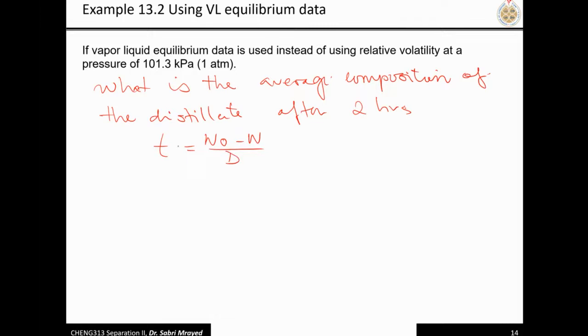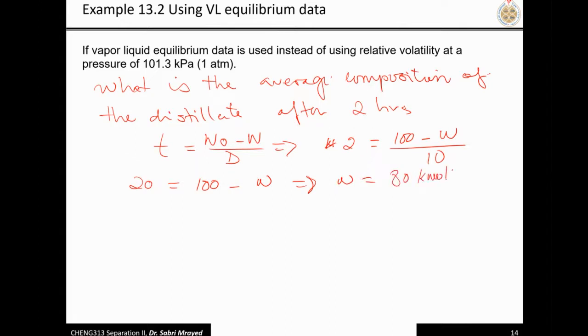Now, I know 2 hours here, and I know D is 10 kilomole per hour, so this is 2 hours, and this is W0 100 minus W, the one that we want to calculate, over D, which is 10, hopefully it will work out. So now you're going to have 20 is equal to 100 minus W, and this will give you W equal to 80 kilomole.